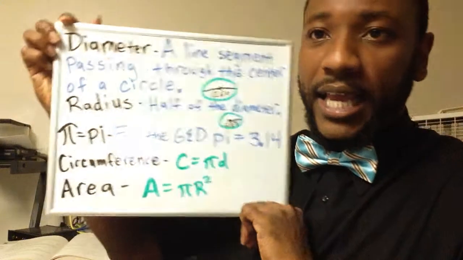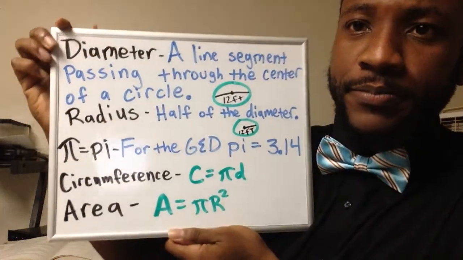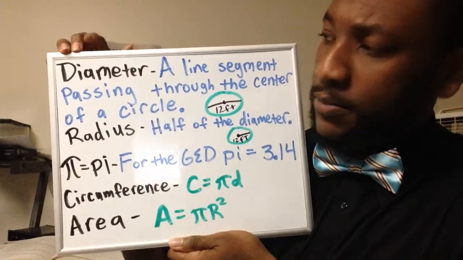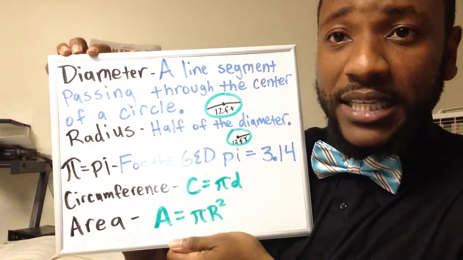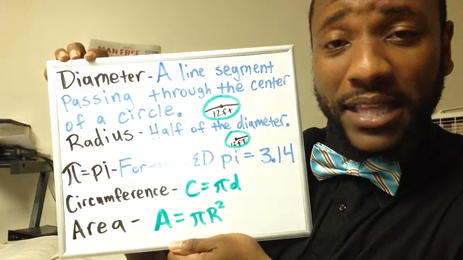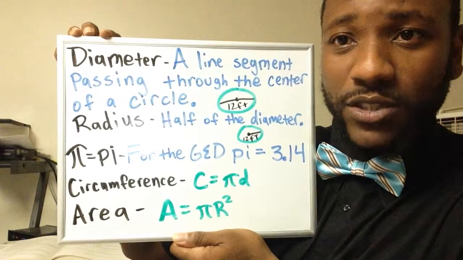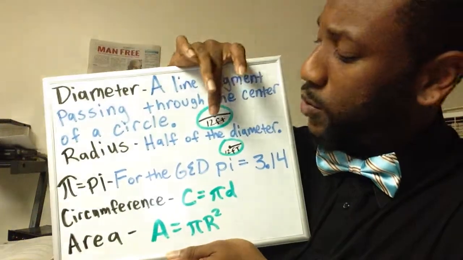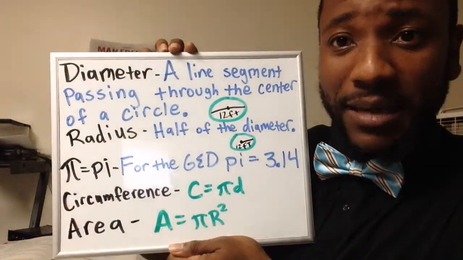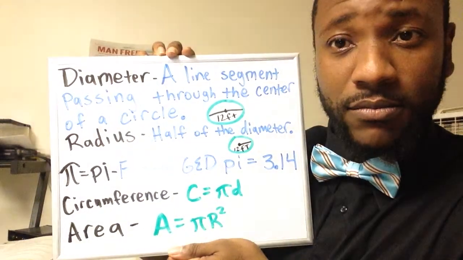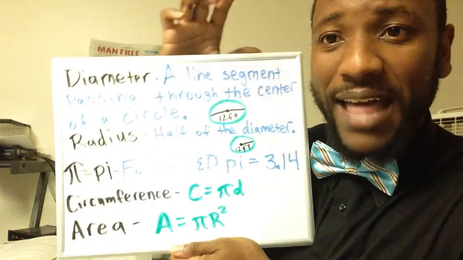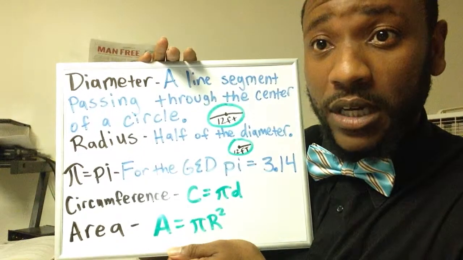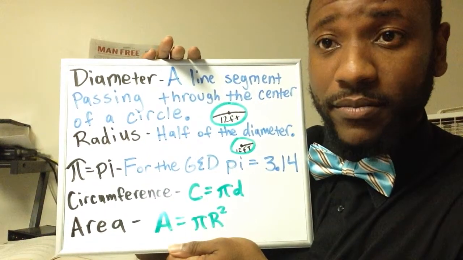I'm going to hold it up one more time and explain it a little bit. First thing is the diameter. The diameter is a line segment that passes through the center of a circle. As you see on my circle here, the line segment is 12 feet. And the middle dot there is the middle of the diameter.